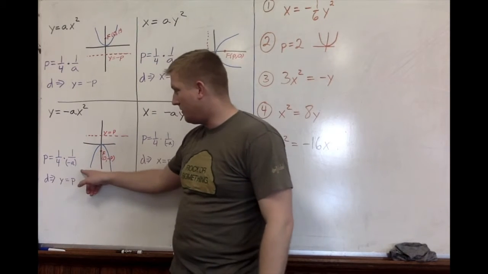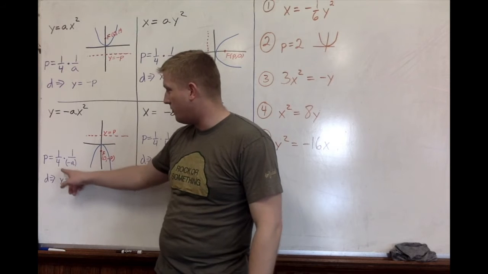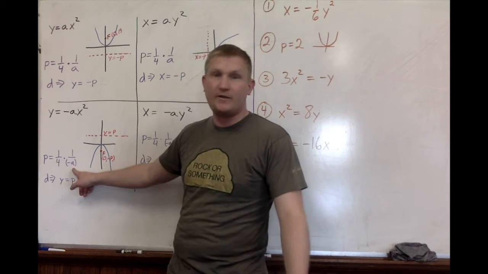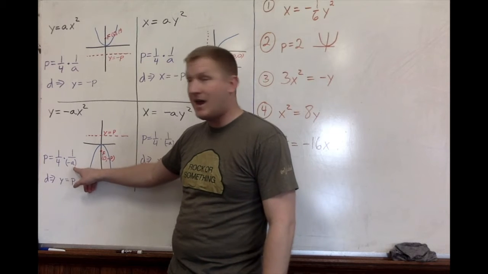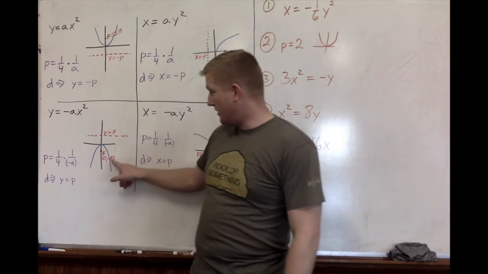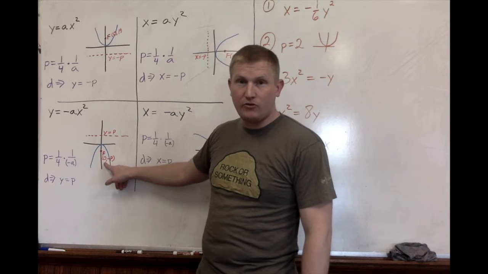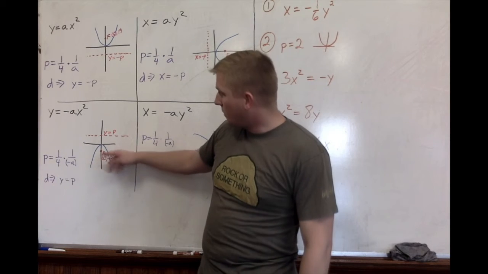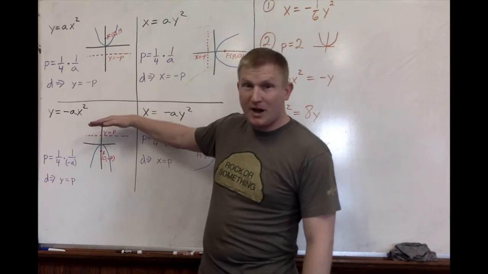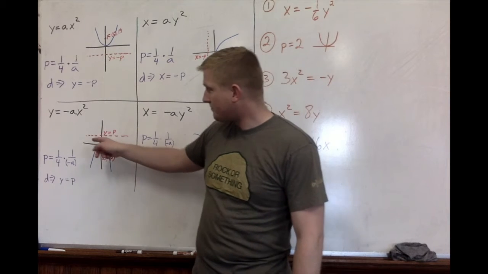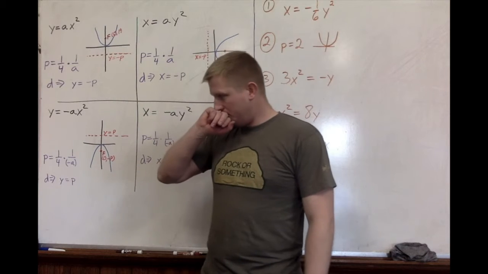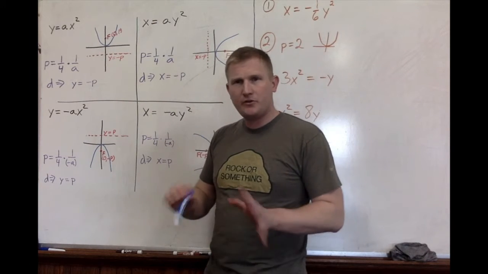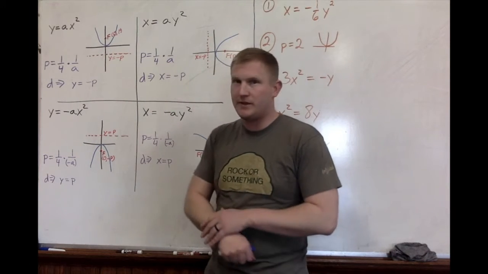You can see that if a is negative, 1/4 times the reciprocal, 1 over negative a, will always be a negative number. So this p for the focus point is going to be a negative number. Meanwhile, the directrix, which is now above the parabola, is going to be at y equals positive p.